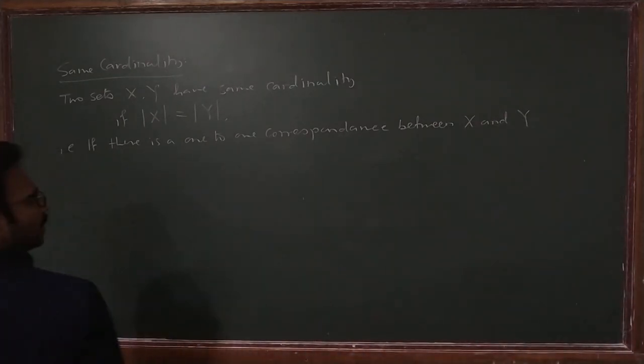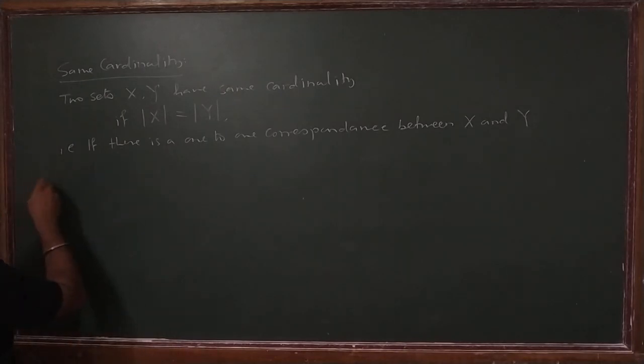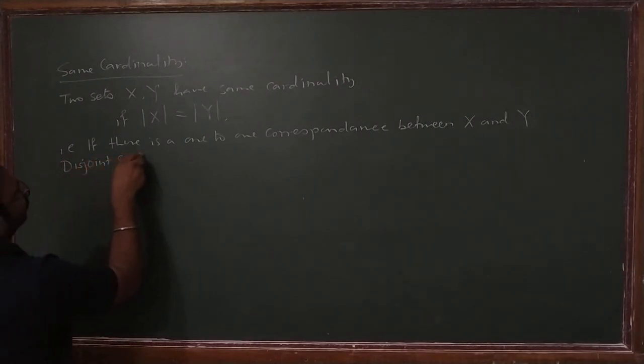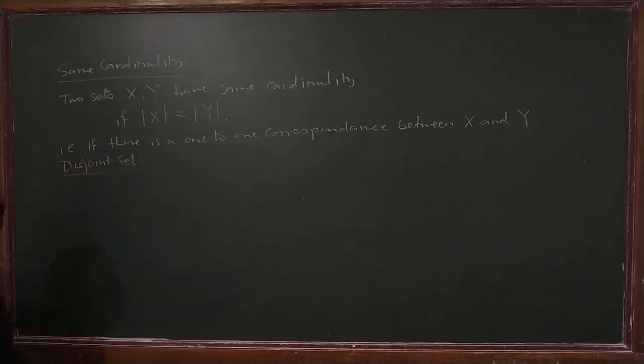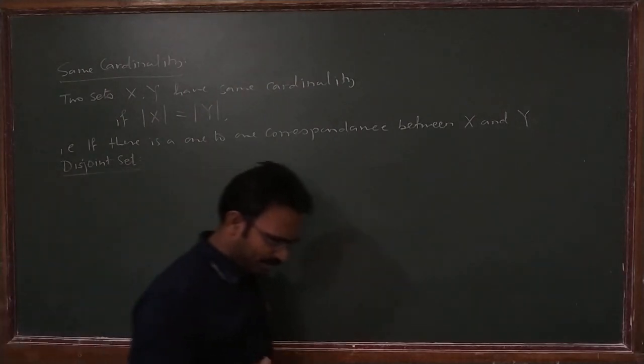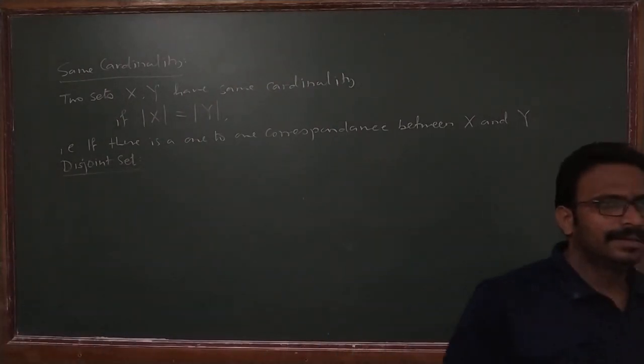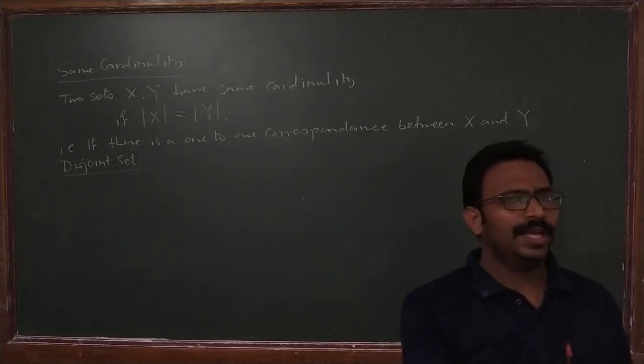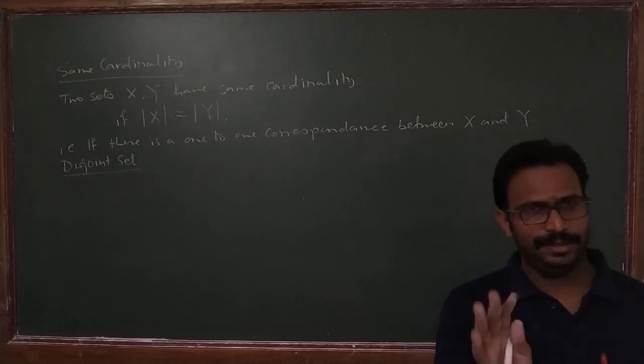The next thing is disjoint sets. When two sets are disjoint, we have studied this earlier. If any two sets do not have any element in common, then they are disjoint.